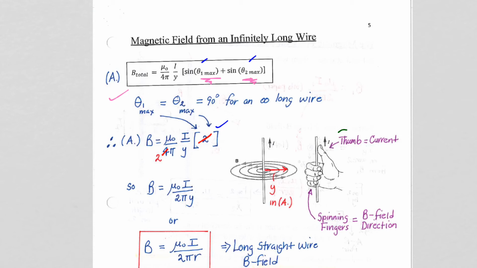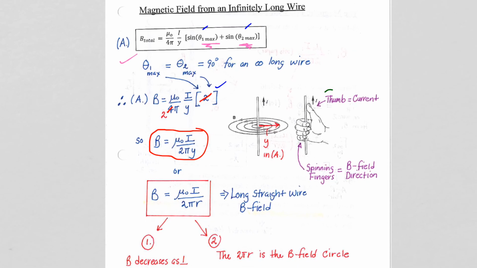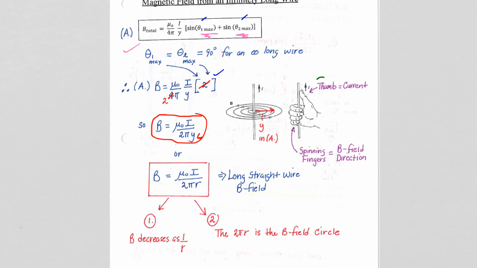So what we get is that the B field outside of a long straight wire is mu naught I on 2 pi y, and if we consider that y to be a radial distance away, because we know that the current makes circular B fields around the wires, notice that for a long straight wire, we get that the B field goes with 1 on r, whereas in the Biot-Savart law, for each IDL, we saw that the B field, mu naught on 4 pi, IDL cross r hat over r squared, was a 1 on r squared dependence only for one IDL.